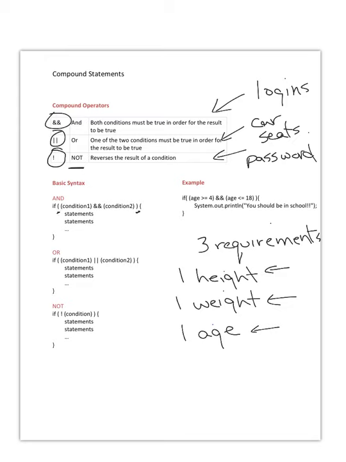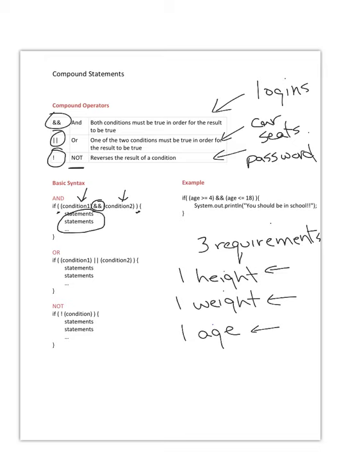Then each condition has to be in its own set of brackets with the and symbol in between the two of them. Then you open up your block of code and put in any statements that might be required after that.